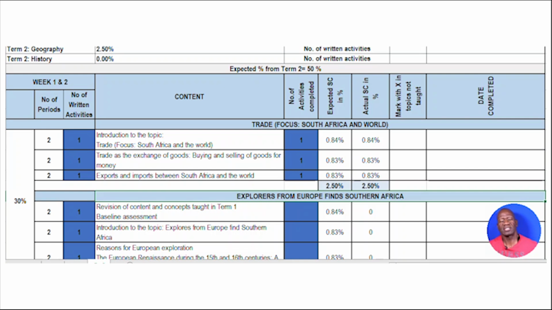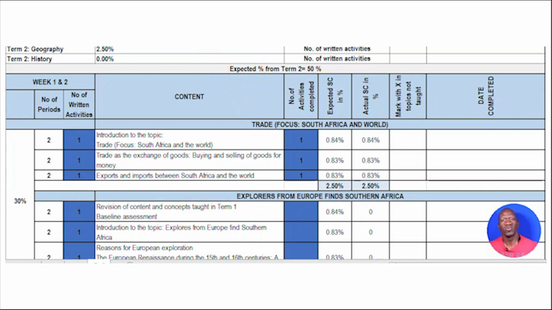So this kind of practice is part of curriculum management to ensure that what has to be covered must be covered, and we are able to quantify the amount of work that has been covered by making sure that we have a tool of this nature that is going to be used to calculate the curriculum coverage.